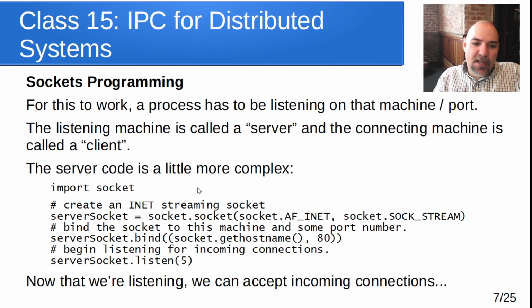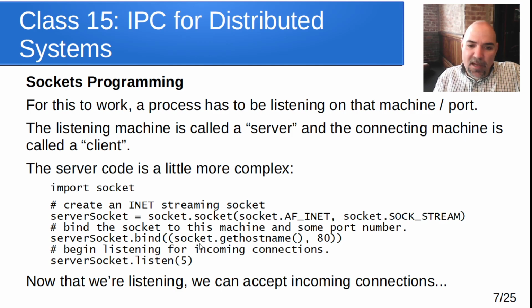On the server side, we're still going to create a socket. It still has the same address family, same stream. So the socket gets created the same way, but there are another couple of steps here. We have to bind that socket to a port number, and in this case we use socket.gethostbyname. That's getting our host name, and that's the port number that we're going to listen on.